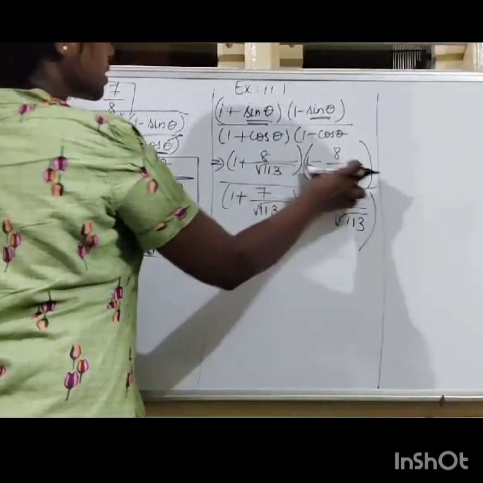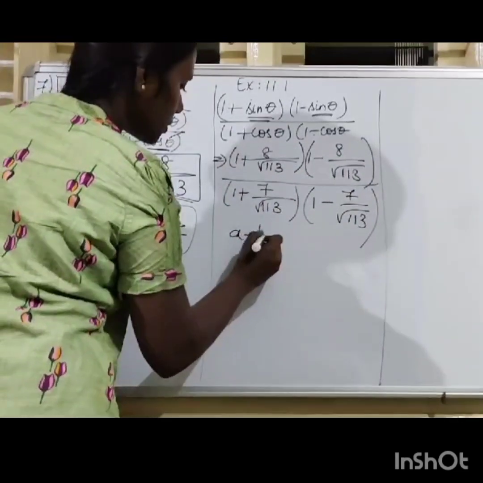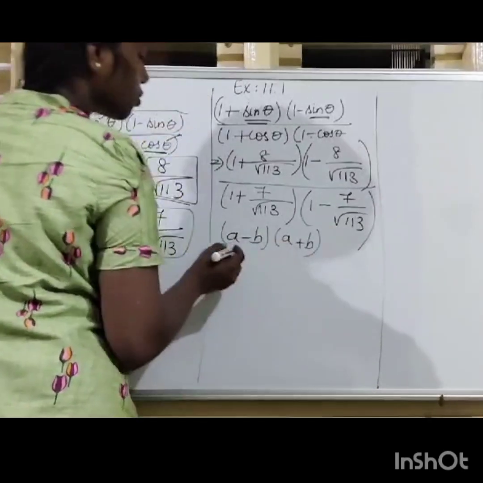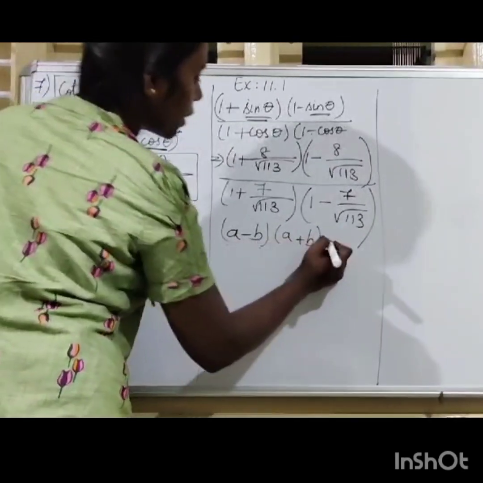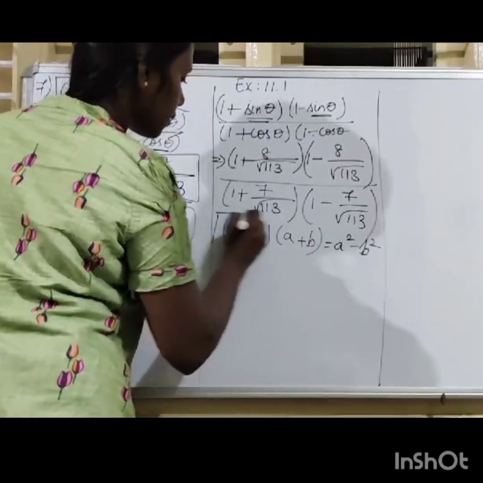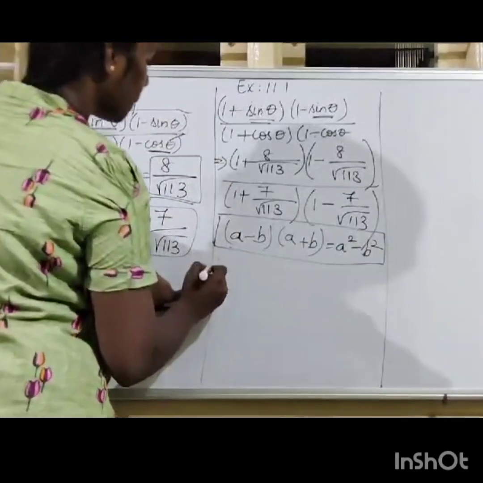Now this is looking like (A minus B) into (A plus B). The formula for (A minus B) into (A plus B) is A square minus B square. This is the algebraic formula which will be used for solving this sum.